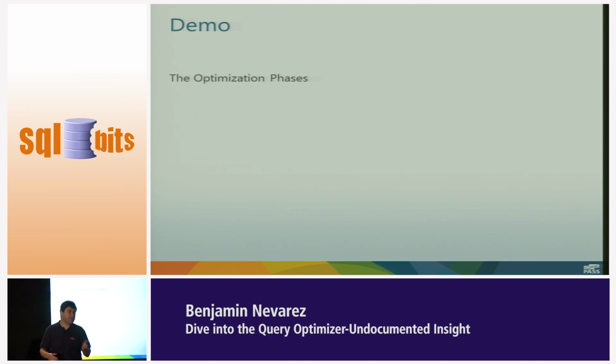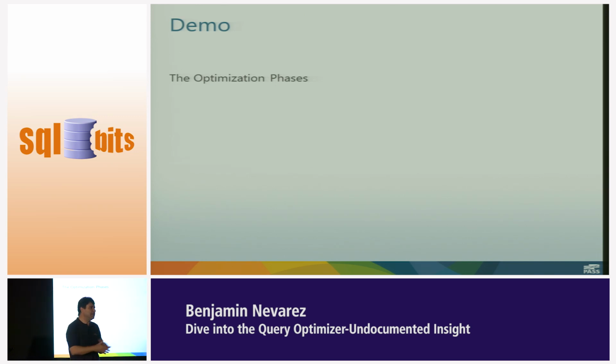Yeah, this is documented. The question is about trace flag 4199. This one is totally documented. You can see it in the documentation. Basically, when you have a hotfix or something, sometimes the optimizations for that hotfix are not enabled.